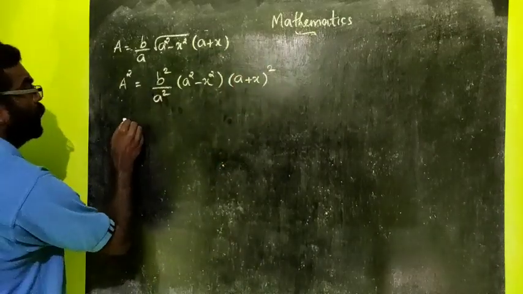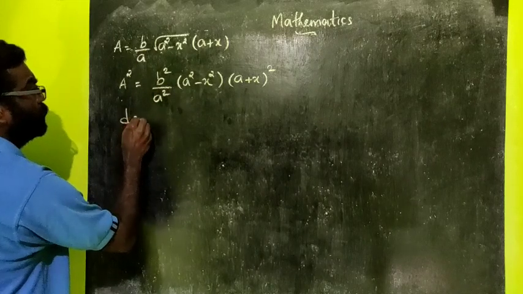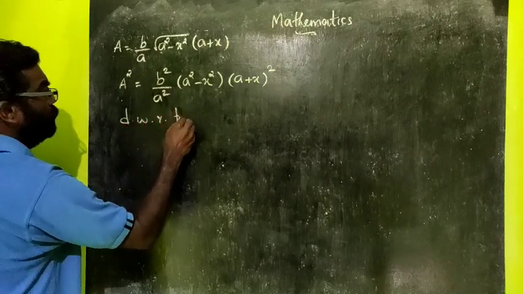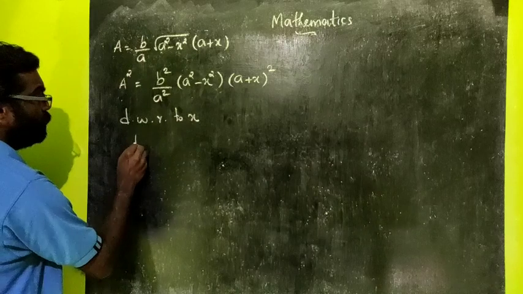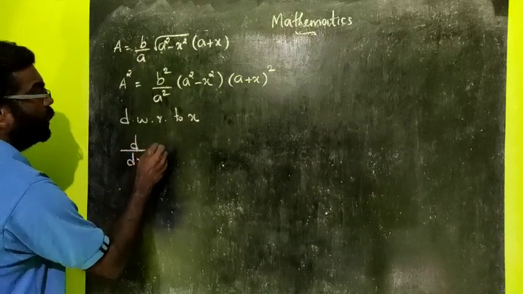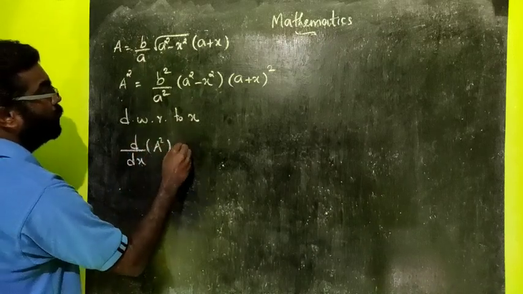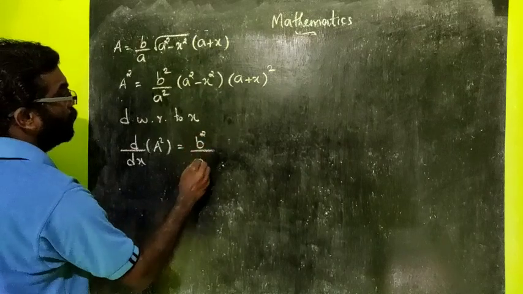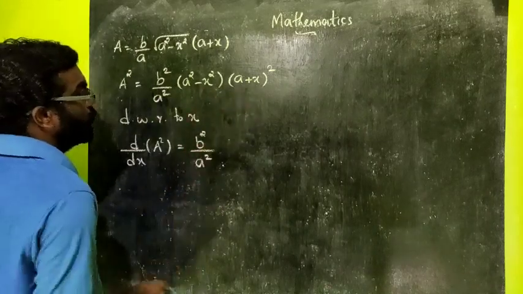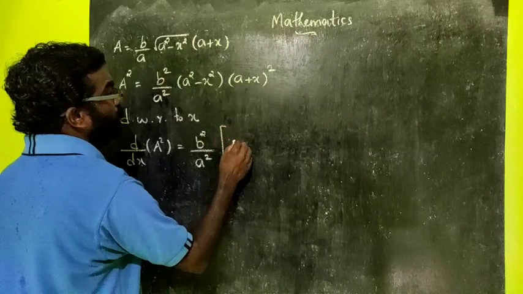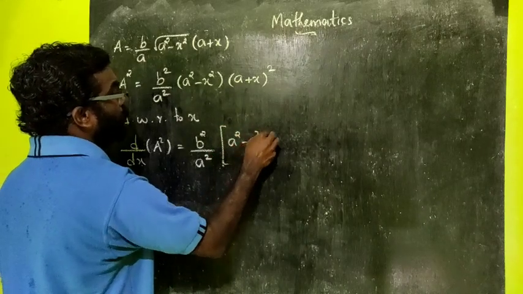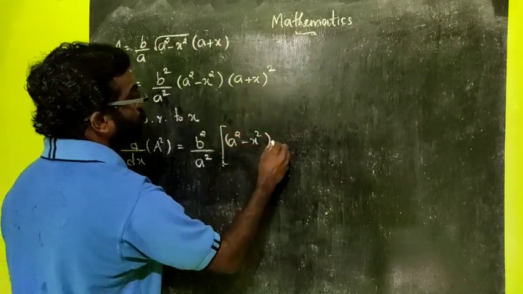Okay. Now we can differentiate with respect to x. D by dx of a square equal to this b square by a square into, here we can apply the product rule, a square minus x square into a plus x the whole square.